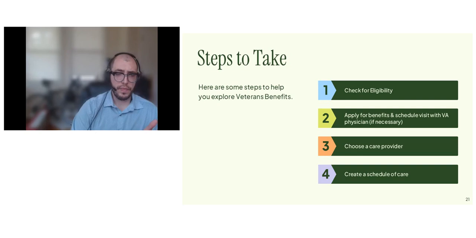We'll talk about exactly where to do this, but applying for veterans benefits can be relatively easy. There's a lot of systems and support across the country to help you with this, but ultimately it's the 1010 easy form that we talk about, or working with a VSO, which we will get into in just a second. The next step, of course, is choosing that care provider, just like we mentioned earlier, and then creating a schedule of care alongside that care provider.